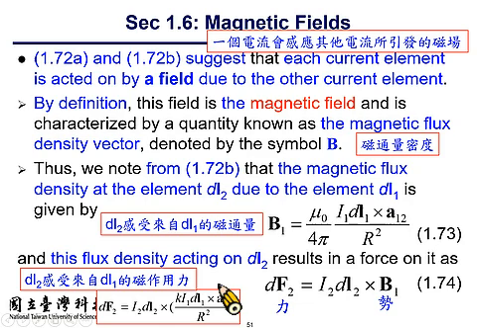Another physical parameter that is closely related to H is B. B is referred to as magnetic flux density.